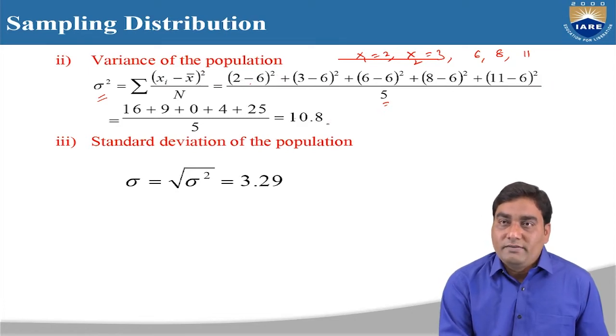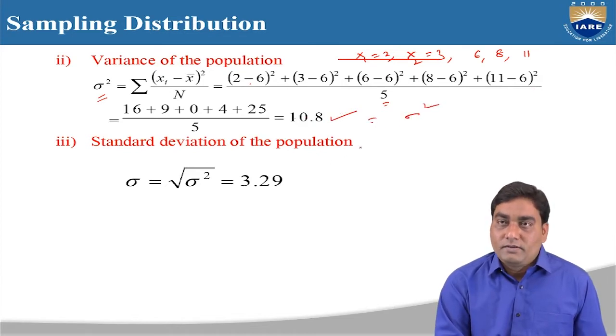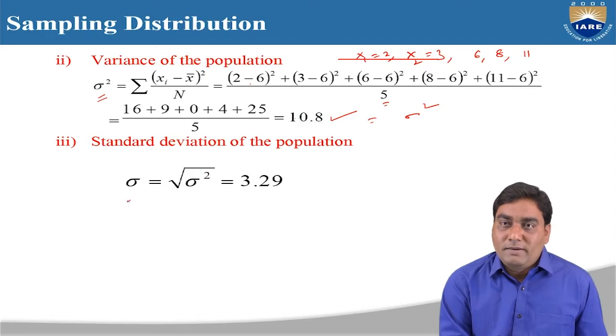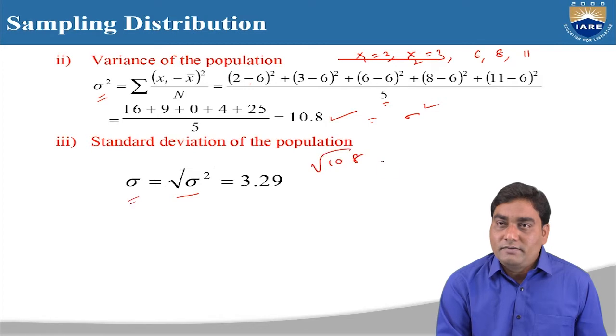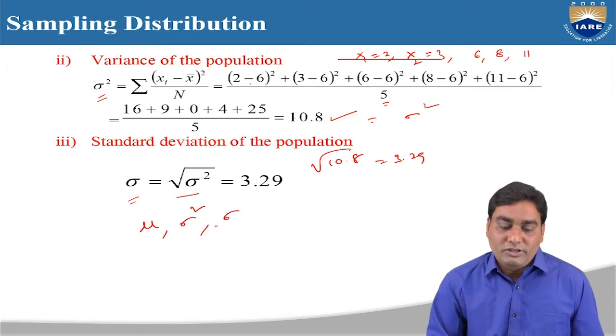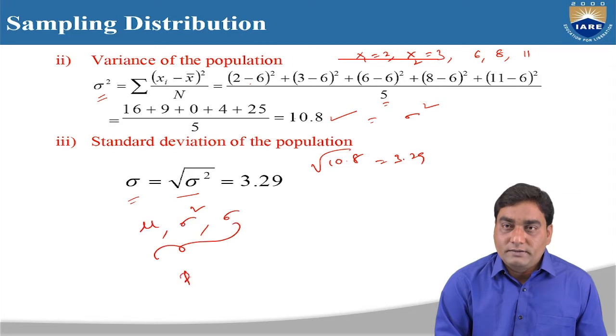If we simplify, we get sigma square, variance of the population, 10.8. And SD sigma, which is under root of sigma square, under root of 10.8, which is equal to 3.29. So we got the mean, variance and standard deviation of the population.